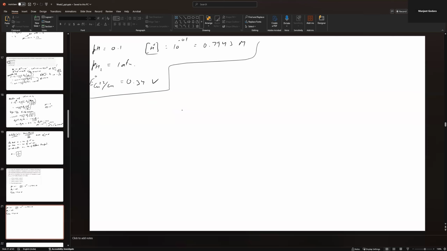This is given. First equation for the copper.